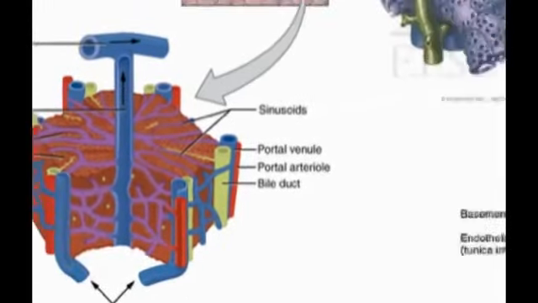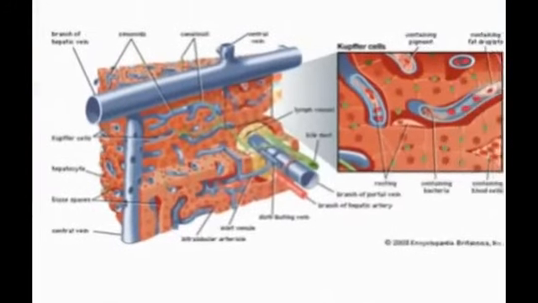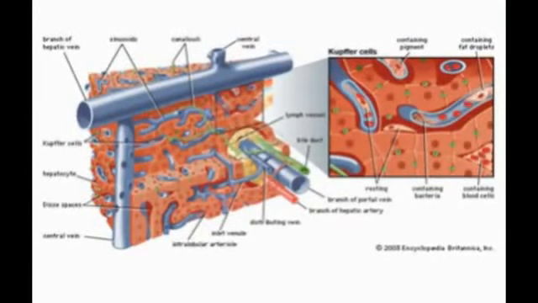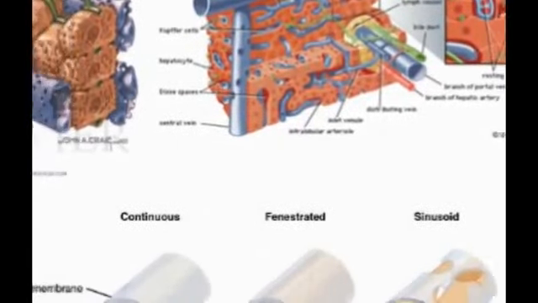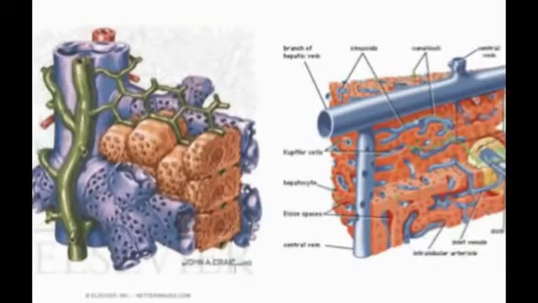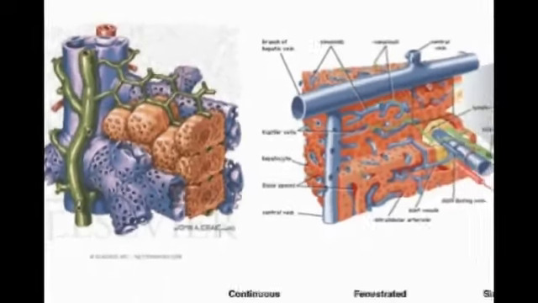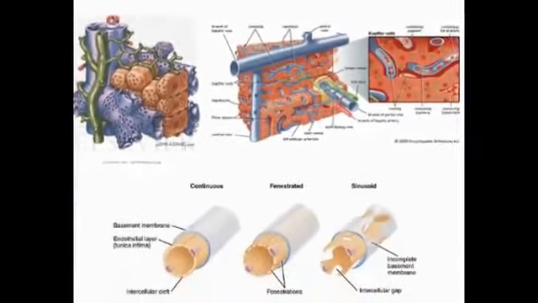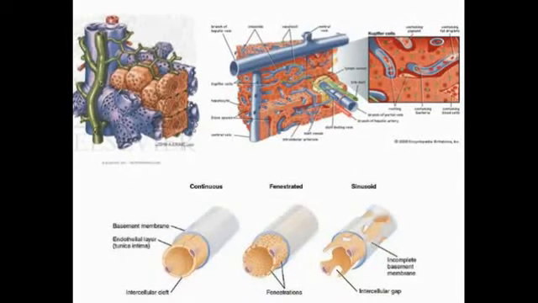On the right side, you see how all the vessels inside that structure are fenestrated. The vein part, artery part, and bile duct all have different kinds of fenestration. The bile duct starts from each liver cell, which we call the hepatic cell, with canaliculi. They also have a different kind of fenestration.